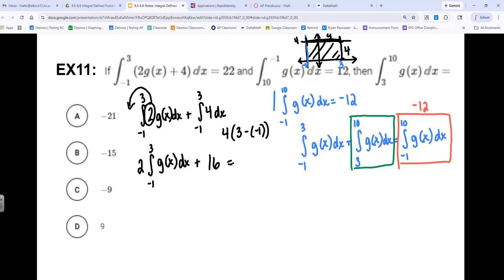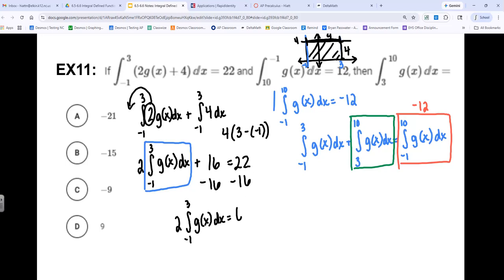Now, all of this equals 22. So what we can do is treat this just like a variable, and solve for it. If we subtract 16 from both sides, we get 2 integral from -1 to 3 of g of x dx is going to equal 6. And then, again, we're just trying to get this by itself.